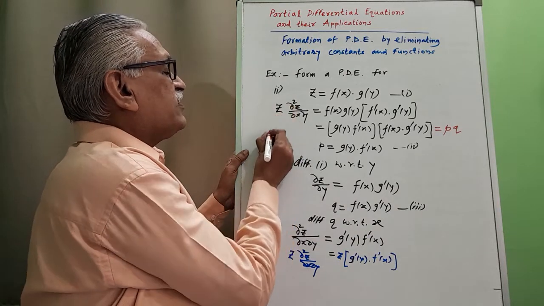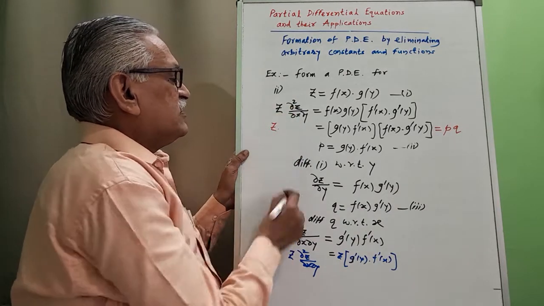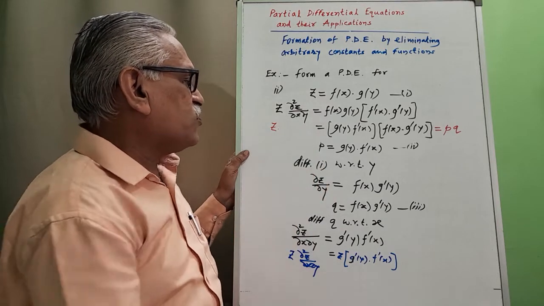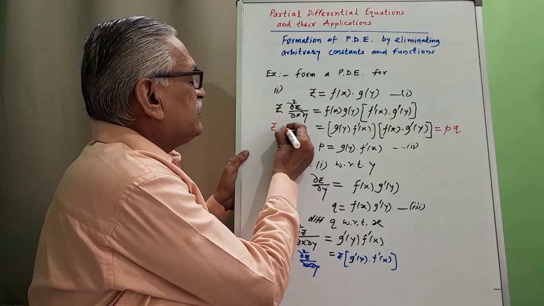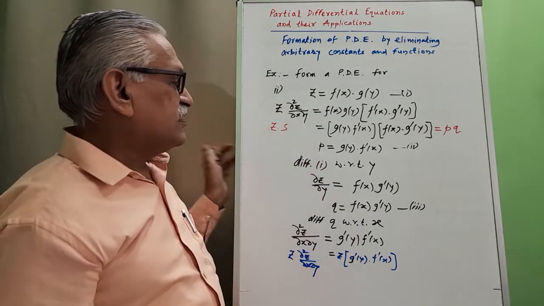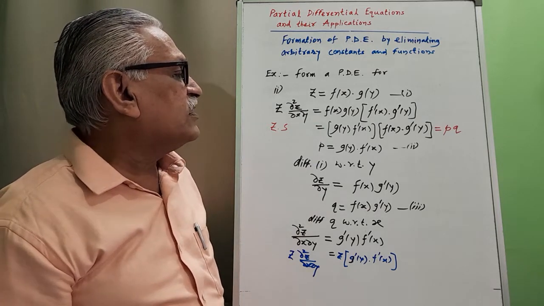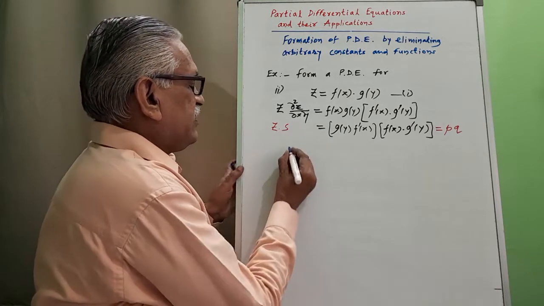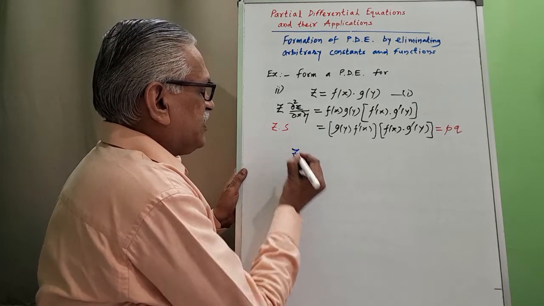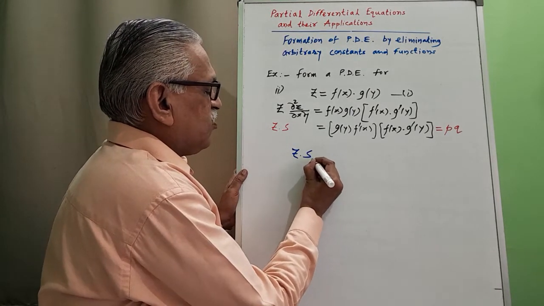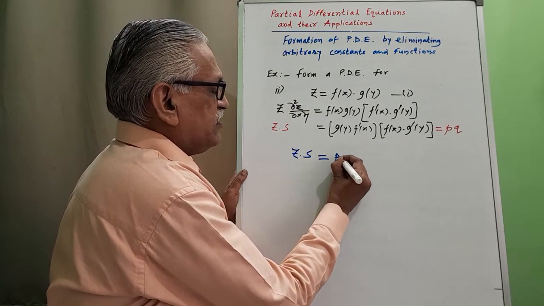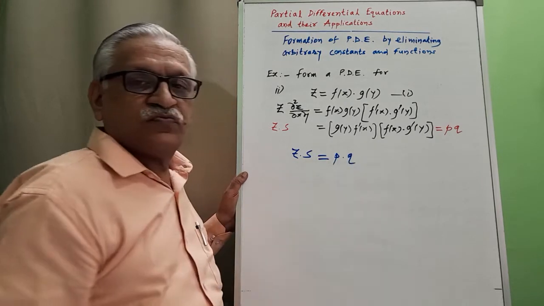and this left hand side it is z. ∂²z/∂x∂y is nothing but s. Therefore we get that partial differential equation as z into s small is equals to p small into q.